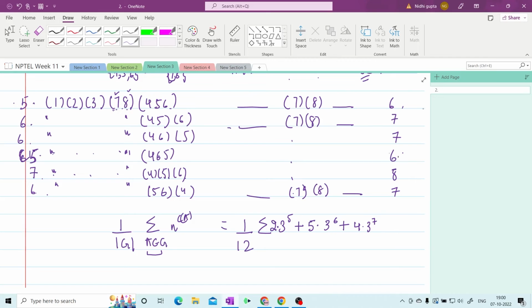Now only the 8-cycle one is left, which is 3 raised to the power 8. So we see this is the answer.